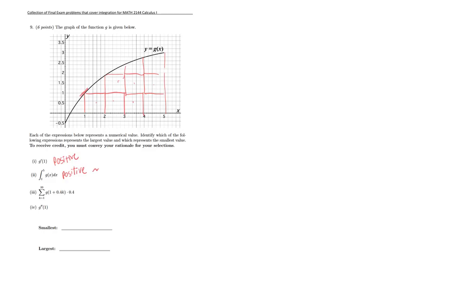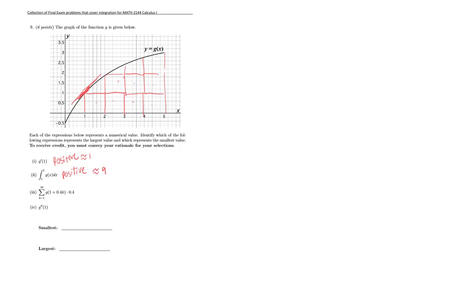So approximately 9 or 10, something like that. For this one, it is positive, but it's a slope. The slope is somewhere close to 1. So that's significantly smaller than the area underneath the curve, g of x from 1 to 5.